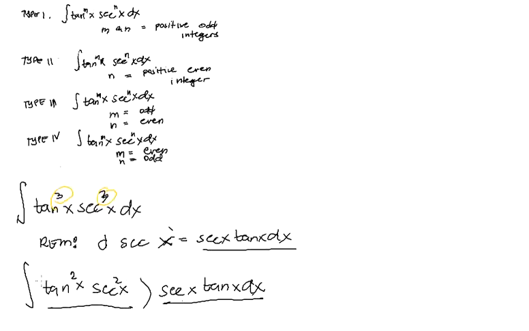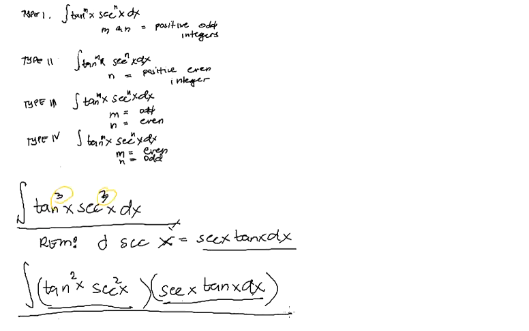Okay, so let's check. Tangent square times tangent x, we have tangent cube x, and then secant square x times secant x, we have secant cube x. So this main expression here is similar to this term.